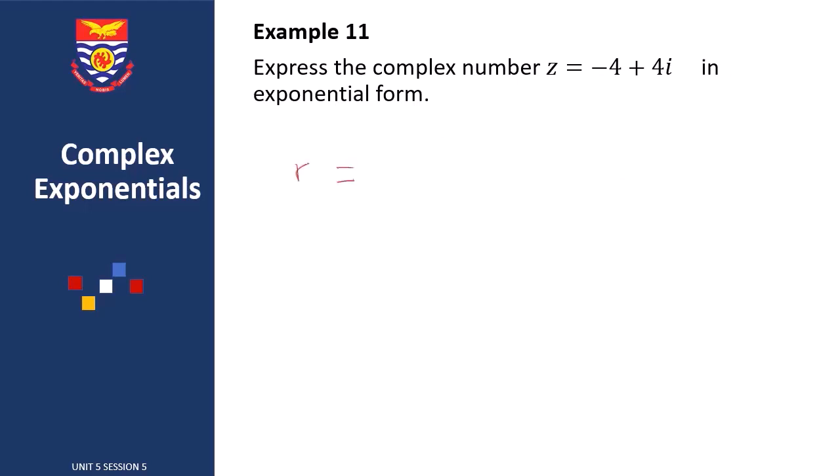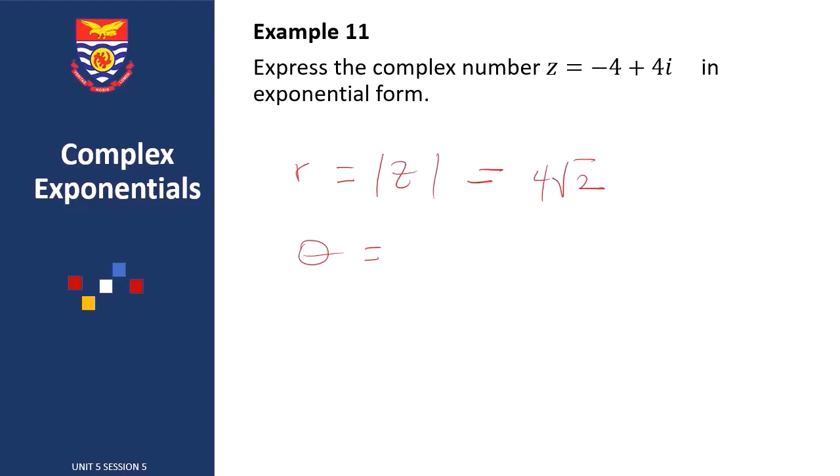The next example is so simple, so I'll just give you the answers. Your r will be equal to the magnitude of z, and that will give you 4 root 2. And then you can also find your theta. Don't forget about your quadrant, because it's negative 4 and 4.